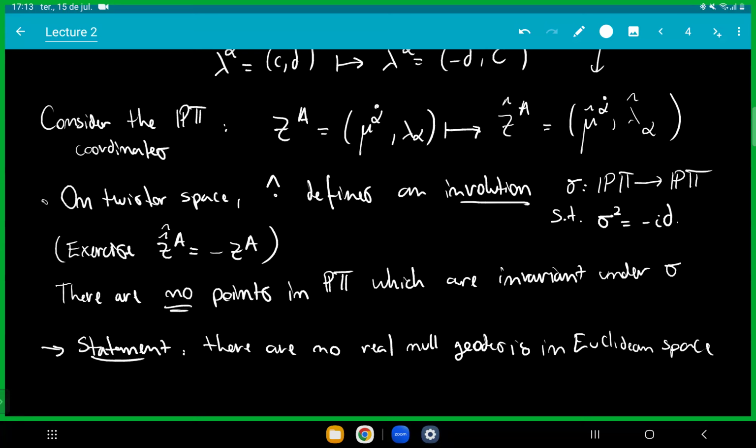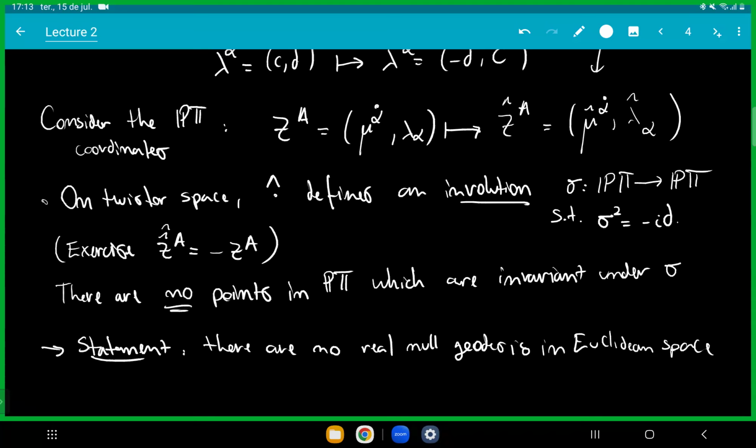The whole gist of working with Minkowski is that inner product, the first thing that I presented to you guys, which is not positive definite. So you can use it to classify vectors as time-like, space-like, and null. And that doesn't happen in Euclidean spacetime because it's positive definite.